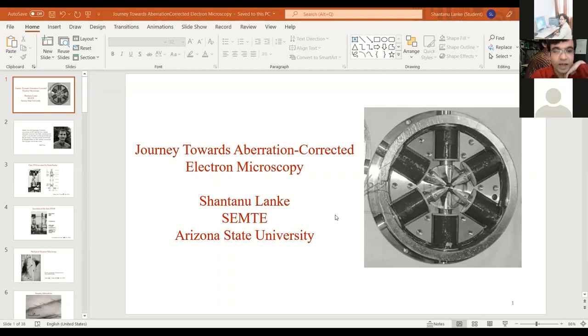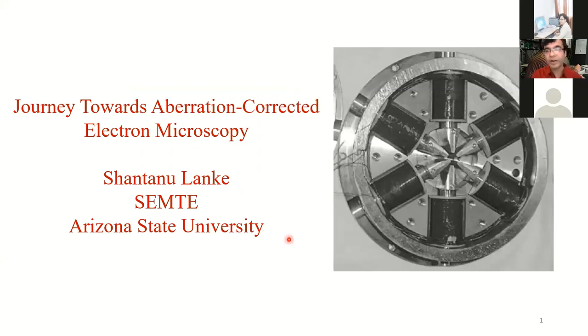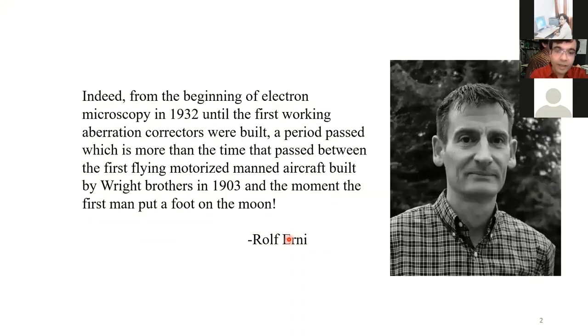So why I selected this topic? Because this topic is very interesting, because it took significant time for the people to work on the aberration correction. And here is the time from when the first electron microscope was invented by Ernst Ruska, to when the first aberration-corrected electron microscope came in reality.